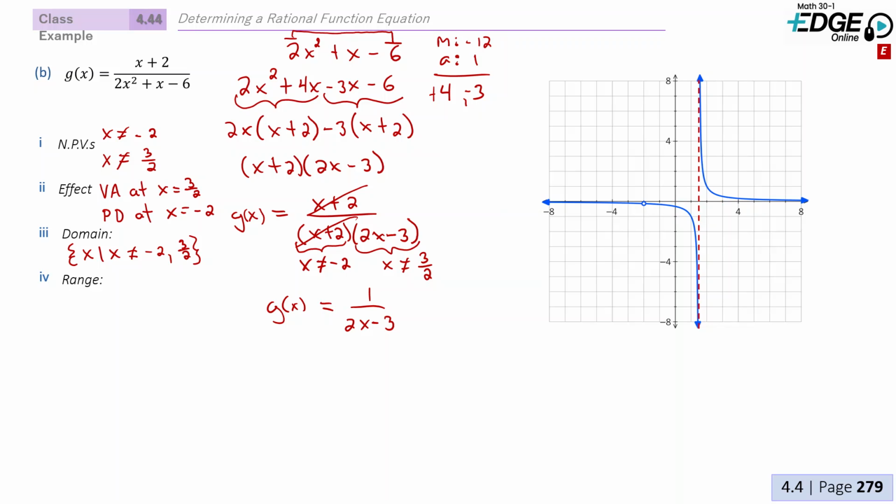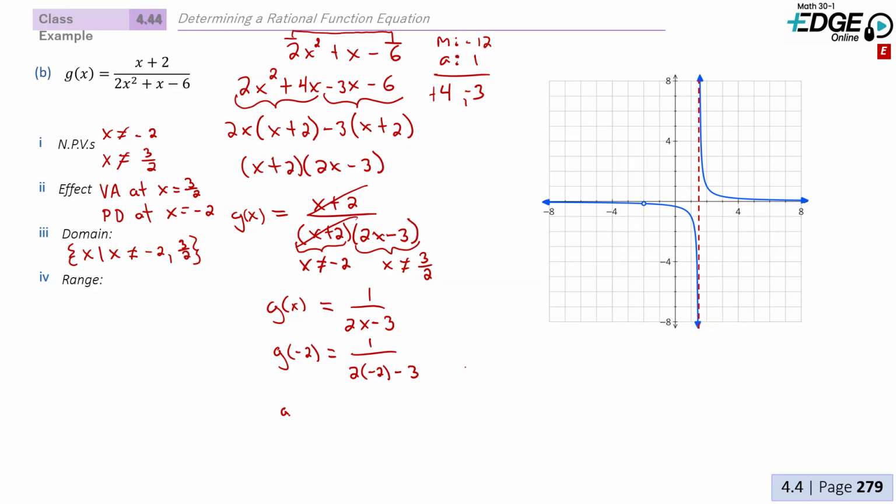We were expecting that. But now we don't really know what the y value associated with that one would be. So let's solve for that. All right, so how do we solve for that? Well, we take the simplified version that we just created, and then we plug in the non-permissible value. We see, okay, when x is negative 2, what is y there? So we'll say, what is g of negative 2? So 1 over 2 times negative 2 minus 3.